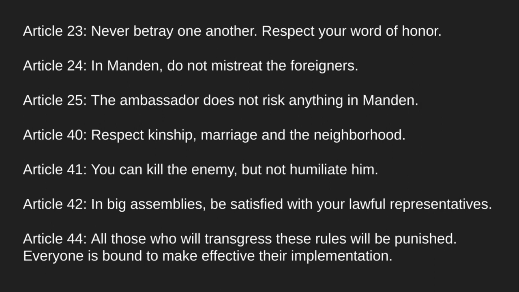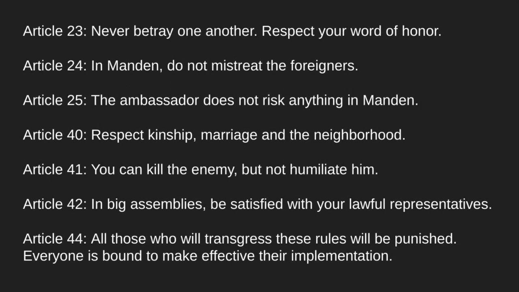Article 40, respect kinship, marriage, and the neighborhood. Article 41, you can kill the enemy, but not humiliate him. This anticipates the rights in the Enlightenment period in Europe, during times of warfare, that there are limitations to how one can treat the enemy.